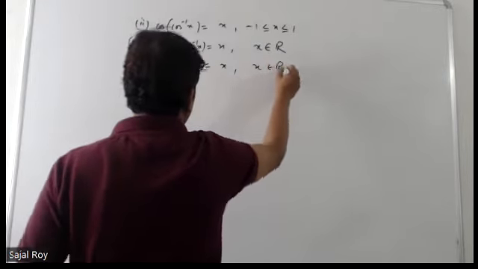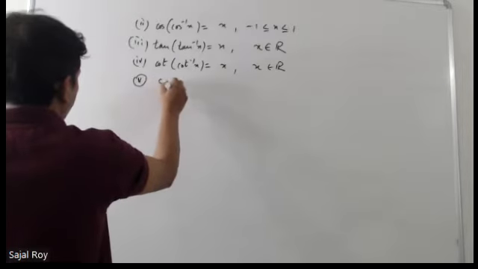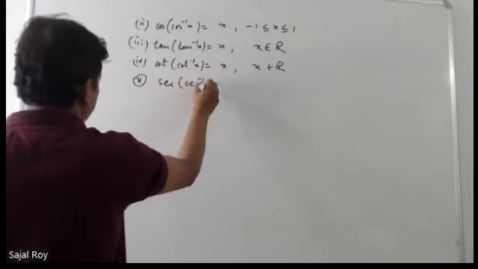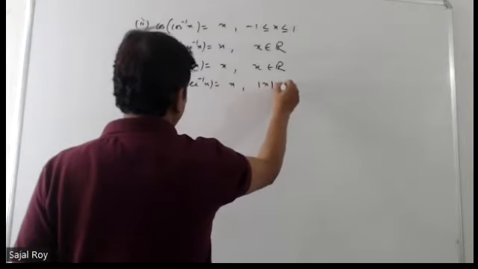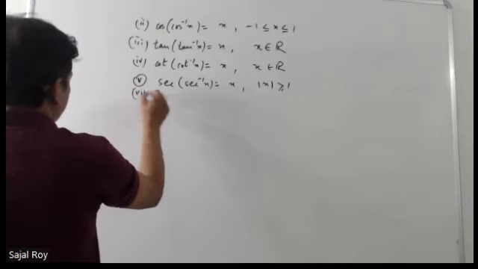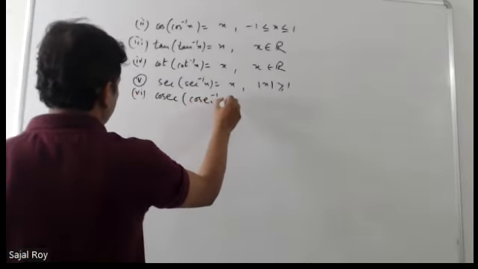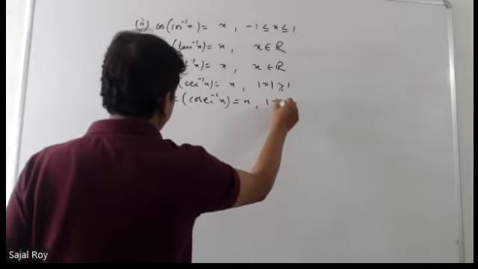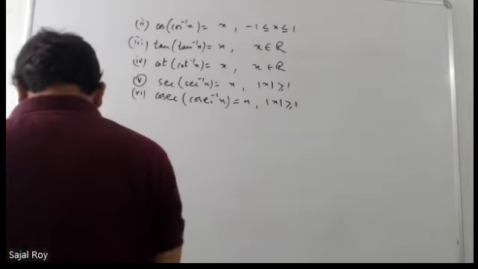X belongs to R. Sec of sec inverse x equal to x. Mod x greater equal to 1. And number 6, cosec of cosec inverse x is also x. Mod x greater equal to 1. Sorry.